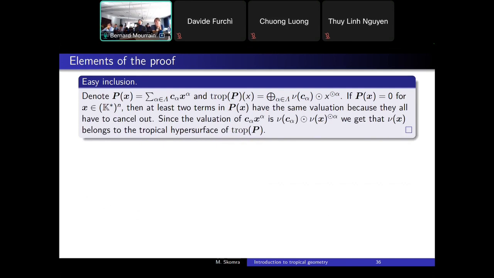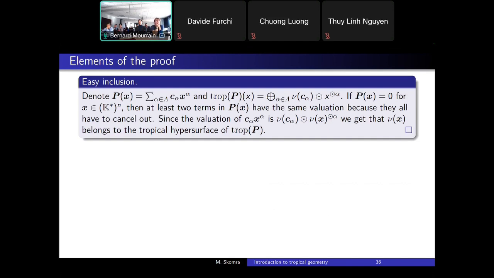I have x such that p(x) = 0. Then what happens? Well, here I have a sum of some Puiseux series, and the sum happens to be 0. So what does it mean? Well, it means that every term had to cancel.